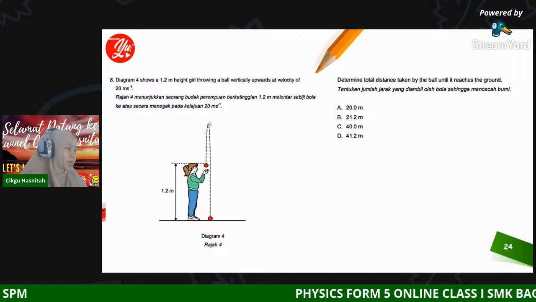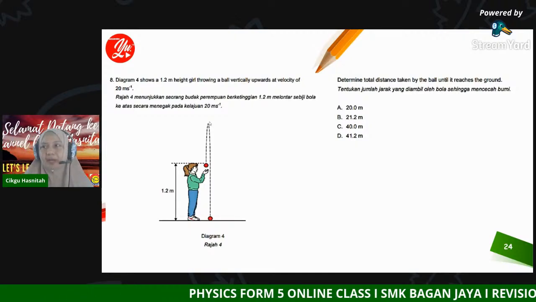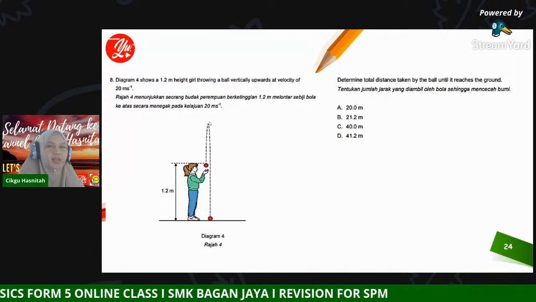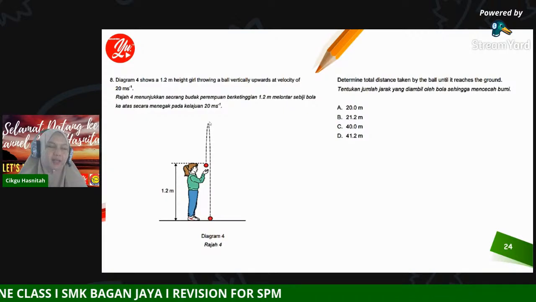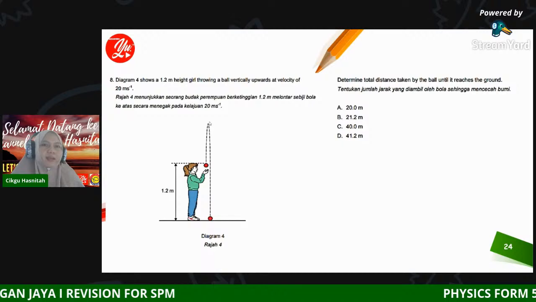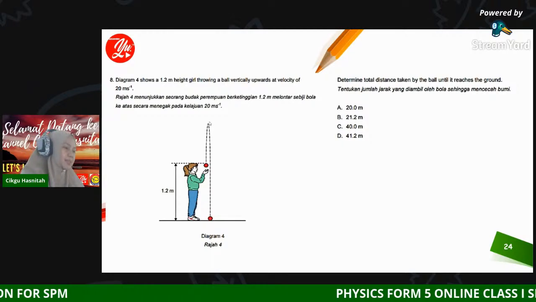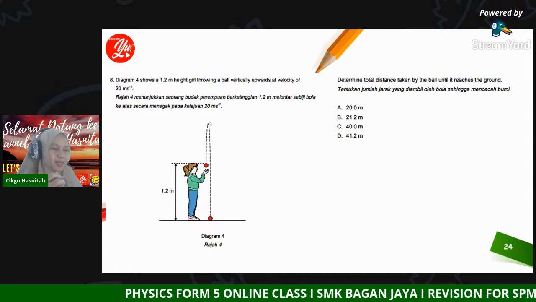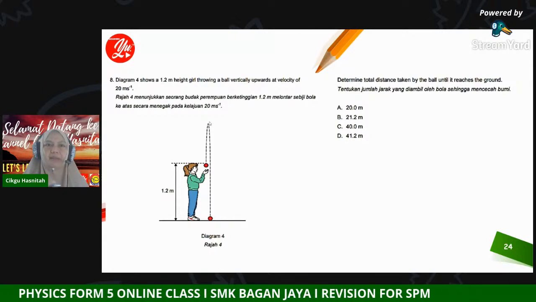Velocity will be 0. Yes, very good. At maximum height, velocity will be 0. So you can jot down V is 0 meter per second. We want to find distance S, so S we leave as a question mark. So we know U is 20, V is 0 meter per second.